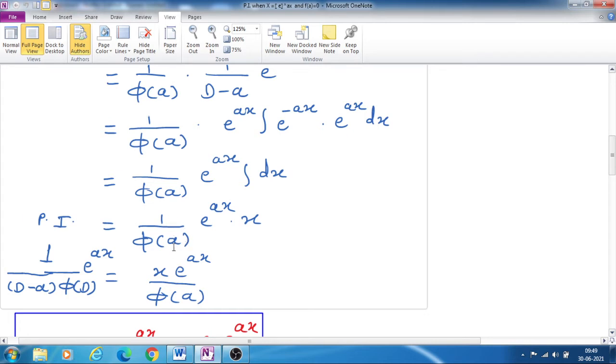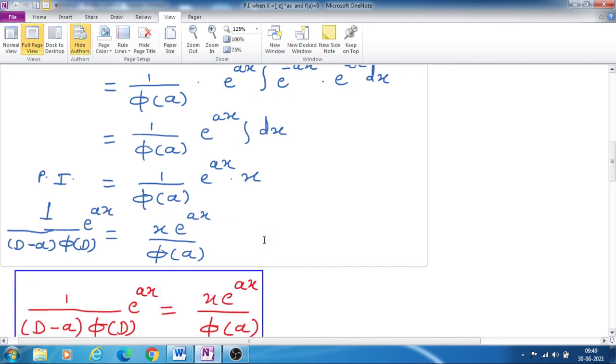So in phi(D) we can put D is equal to a and write 1 upon phi(D) e raised to ax. So only for the factor D minus a we have to write here x. Otherwise in the remaining function phi(D) you can put D is equal to a and write PI as 1 upon phi(a) e raised to ax into x.